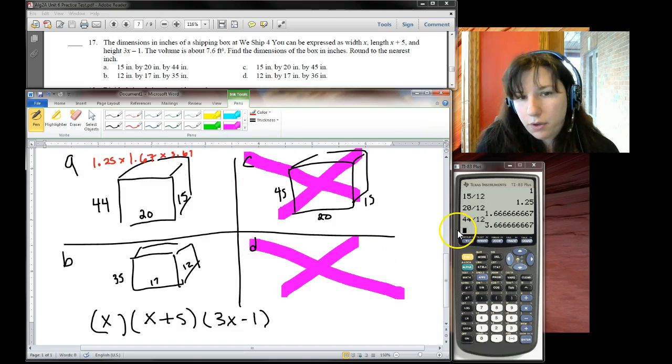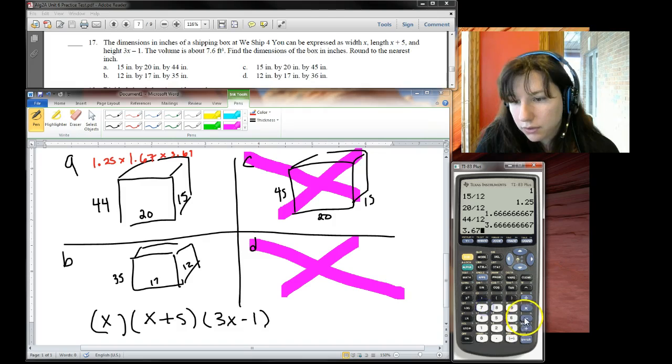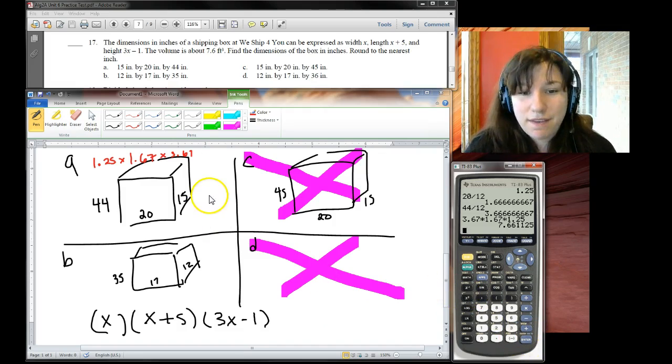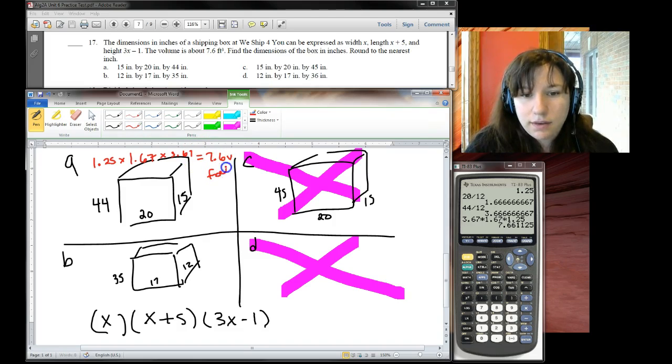Let's multiply all those and see if we get 7.6 for our volume, or close, right? Because I'm rounding now. Okay, there I go. Equals 7.6 in feet. So I know A has got to be the right answer.